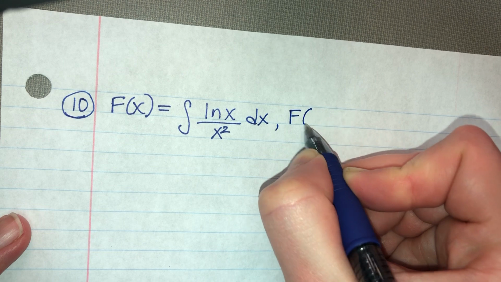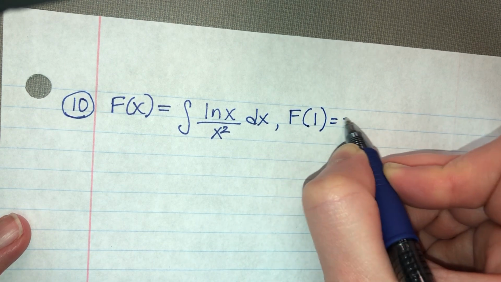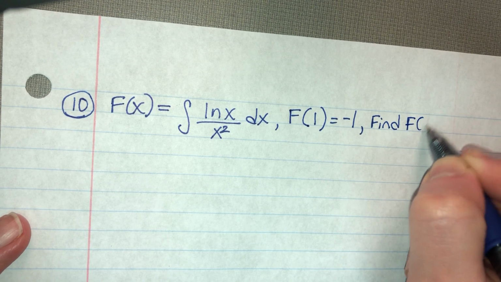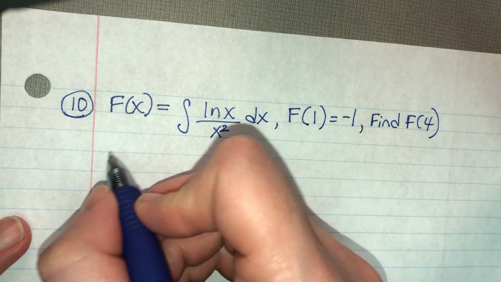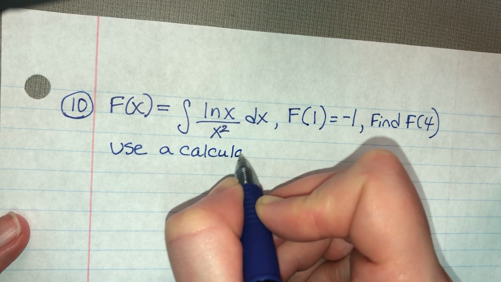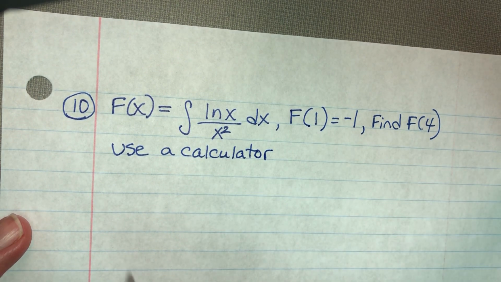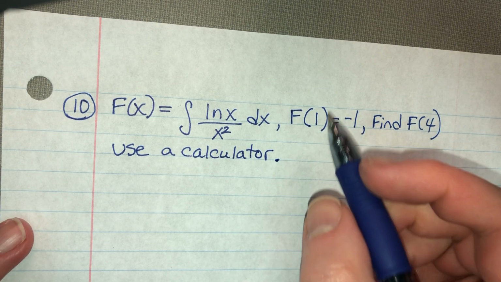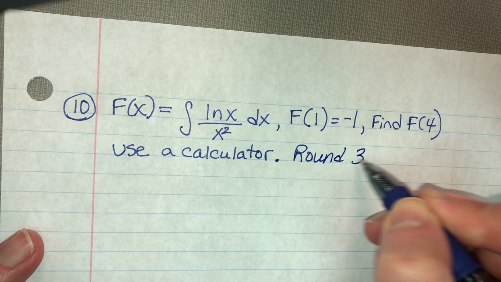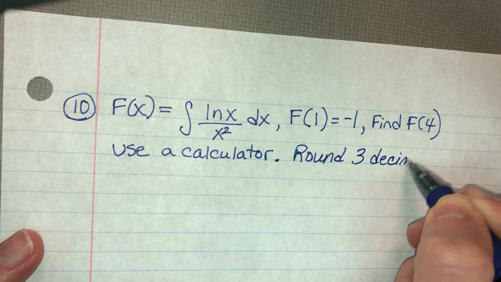F of 1 equals -1. Find f of 4. Your directions are to use a calculator, and you are going to have some problems today where you're supposed to use a calculator to do the work. And you need to give your answer rounded to 3 decimal places.